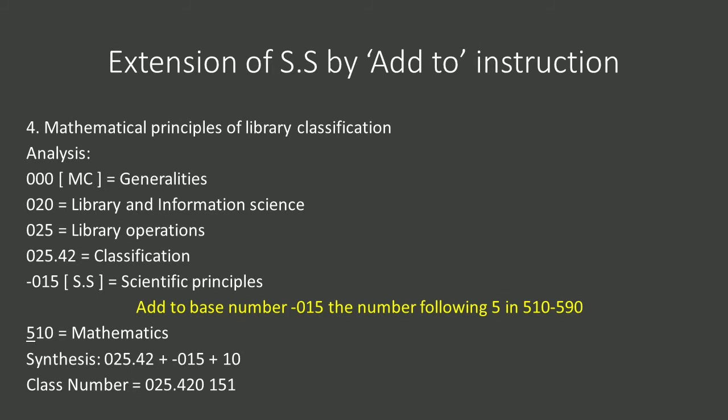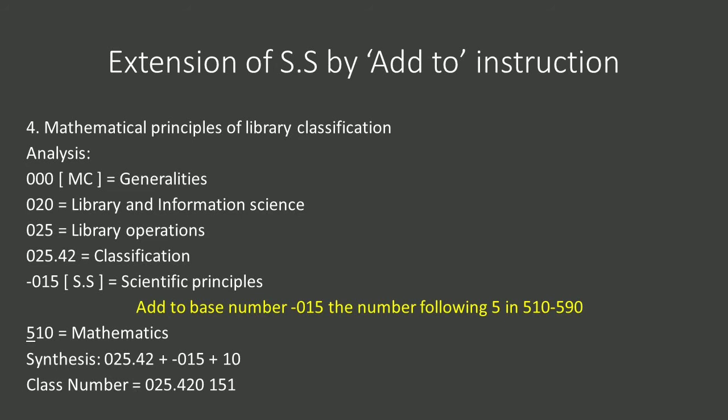Now our synthesis will be 025.42, this number is for classification, plus -015, this number is for scientific principles. But our book is not for scientific principles, it is mathematical principles, and here is the instruction to extend the scientific principles, and by following this instruction we have extended our notation.